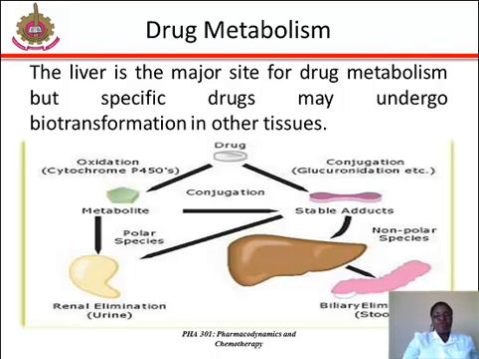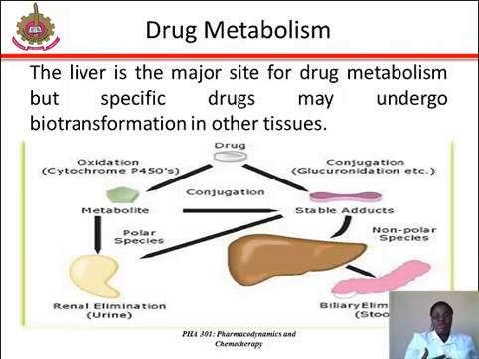The phase 2 metabolism reactions involve conjugation with endogenous substances like glucuronic acid, sulfate, and glycine, and these reactions are synthetic. The metabolites formed in the synthetic reactions are more polar and are more readily excreted by the kidneys in urine and by the liver in bile than those formed in the non-synthetic reaction, which is the first phase of the reaction.